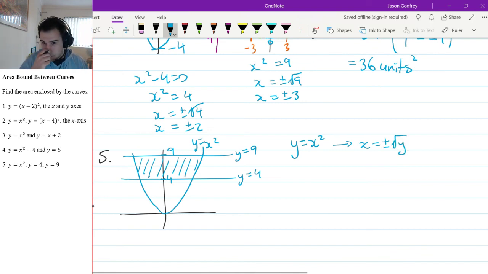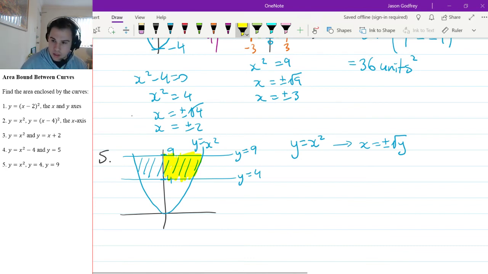Now this isn't really a function of y, because it's got plus or minus, it's got 2 outputs, so it's not a function. So obviously these 2 pieces here are going to be symmetrical, right? X squared is symmetrical, and we're going right the same distance from here to here. So if we just find one of these pieces here, then we can find one piece and double it.